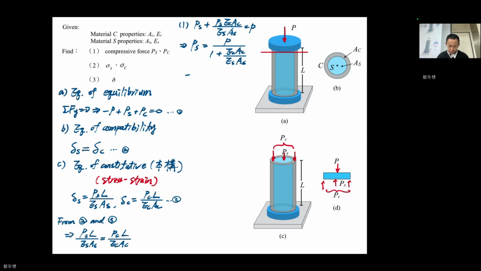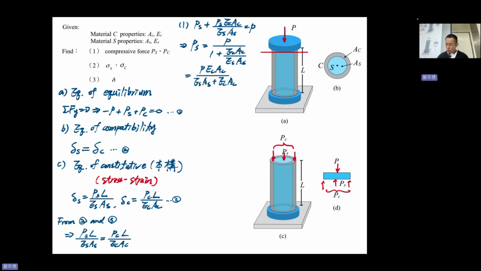So PS equal to P times ESAS over ESAS plus ECAC. Okay.